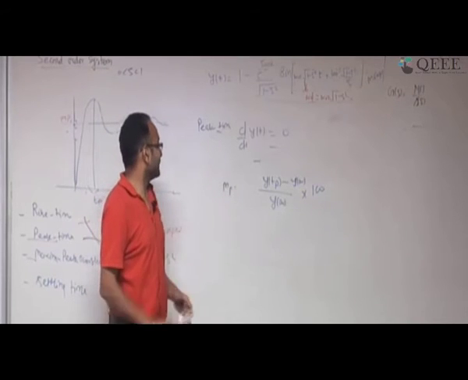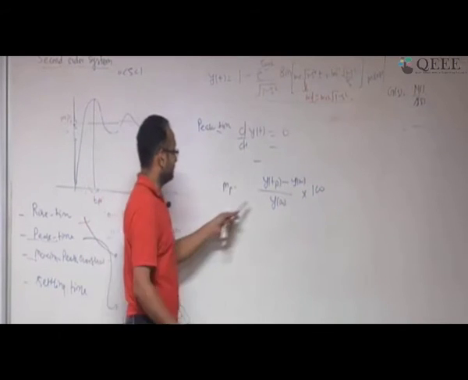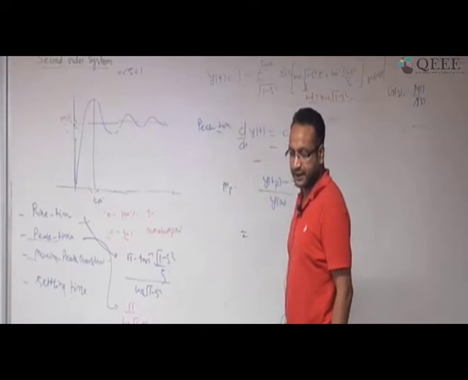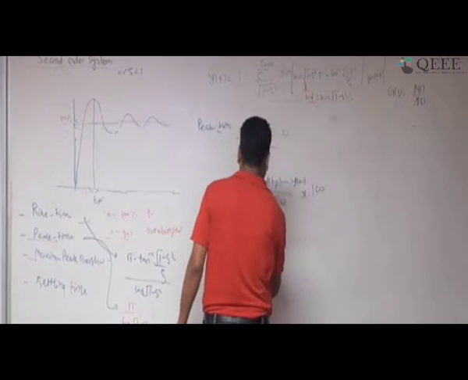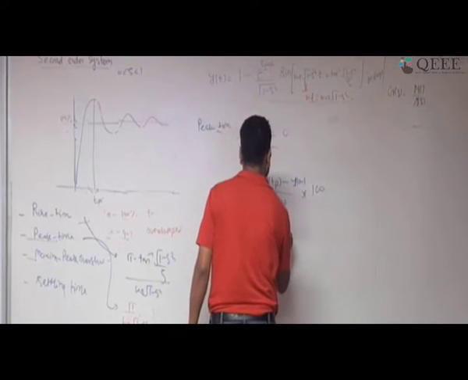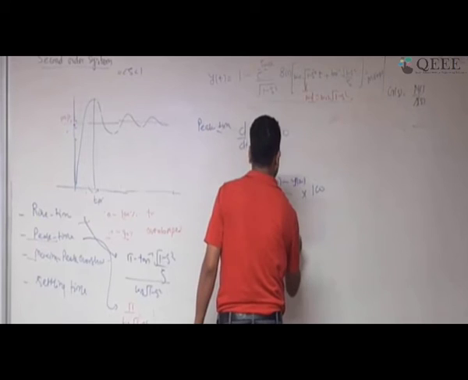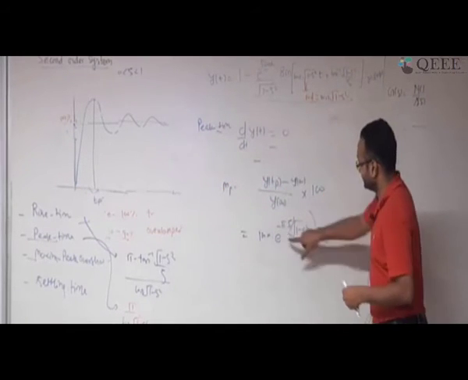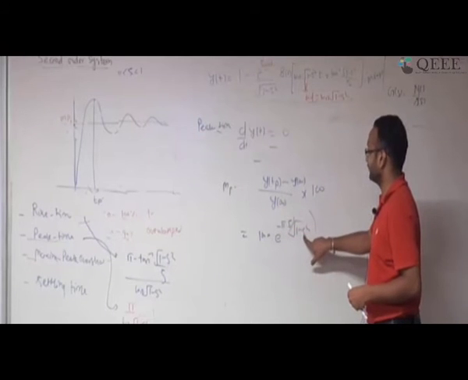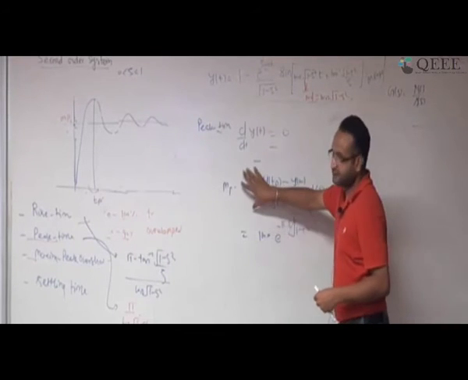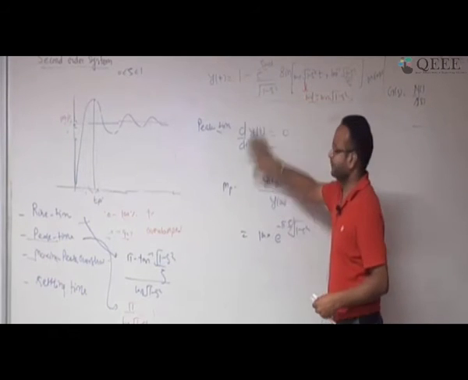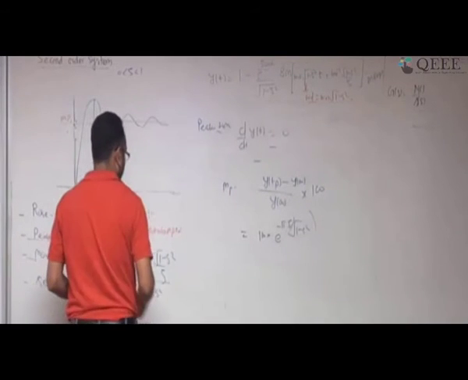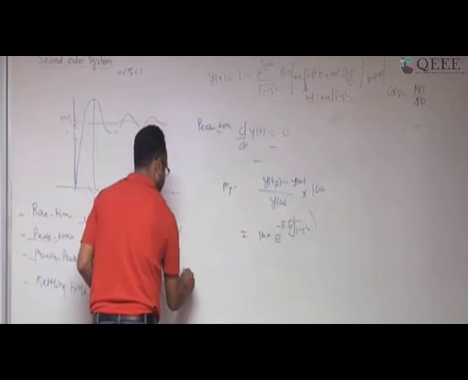Okay, this part is clear. Maximum overshoot, again if you solve this entire thing, you plug it, and this final relation I am writing, it is going to be 100 into e to the power minus pi zeta divided by root of 1 minus zeta square. Again, I am not writing it out, it's pretty straightforward, you can solve it. So the third part, maximum overshoot, is defined by this.